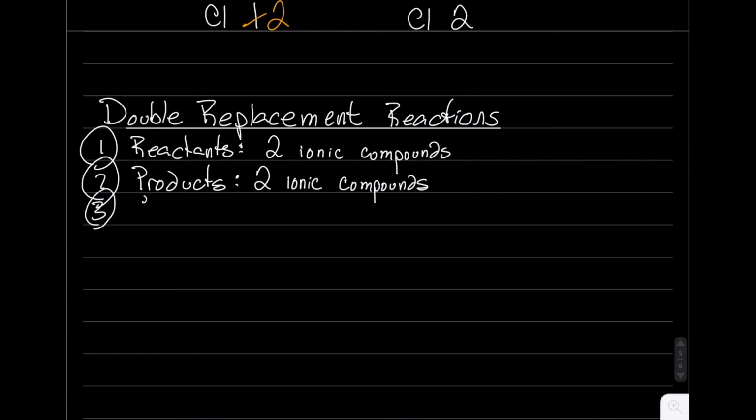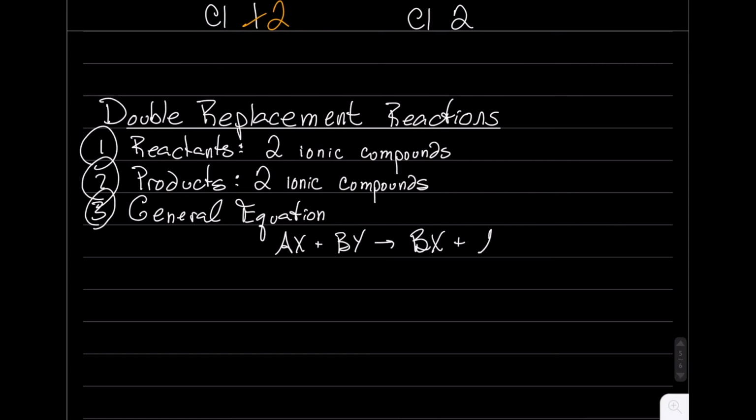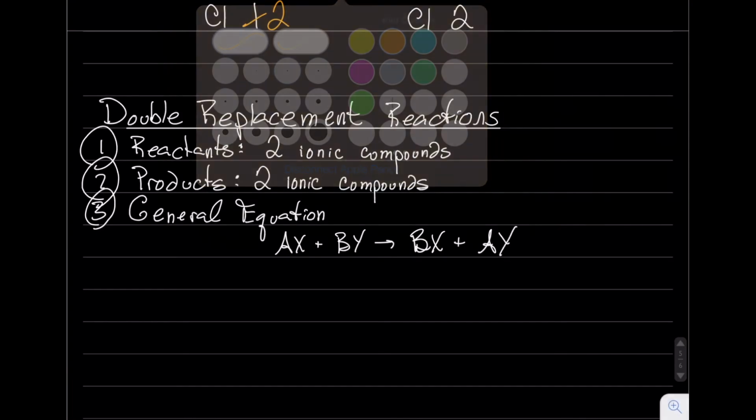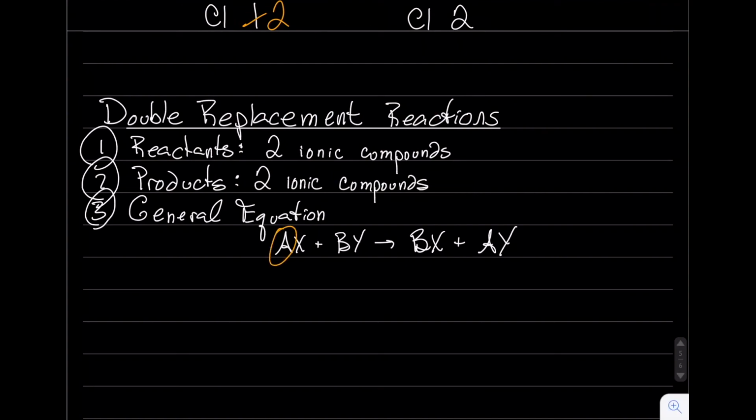The general equation is going to be AX plus BY produces BX plus AY. Hopefully you'll note as you write that down that the A and the B swapped places.